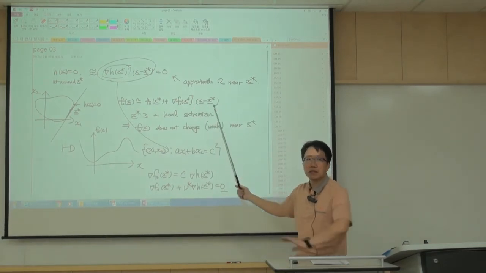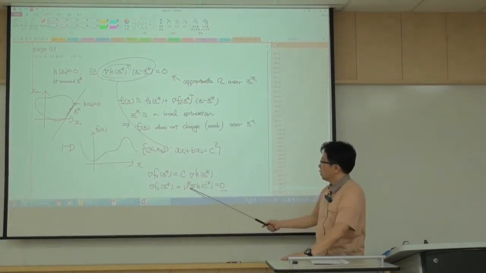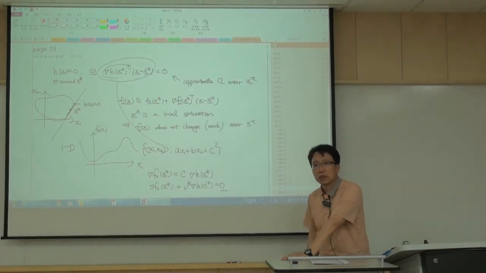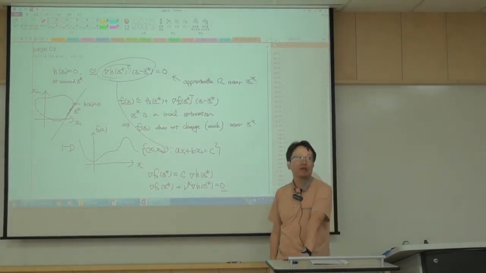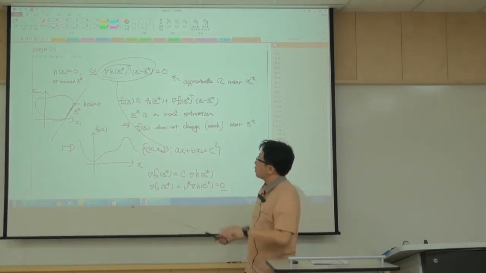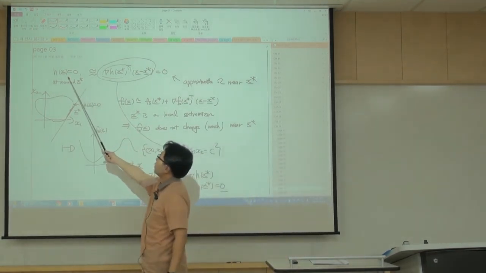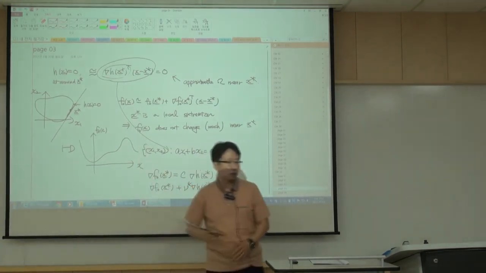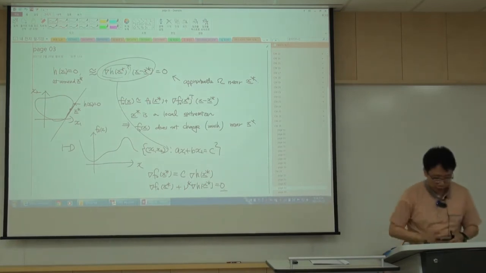But it does not include the case with gradient of h equal to 0. Got it? That's why we have regularity. By the way, regularity for a single equality constraint function is that this is non-zero. Got it?